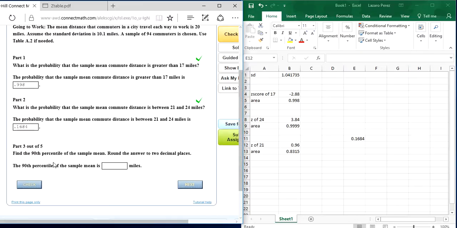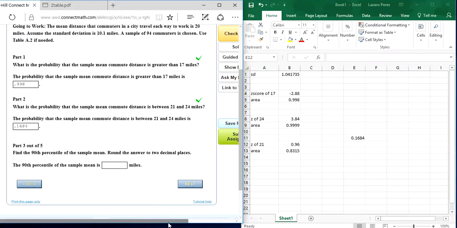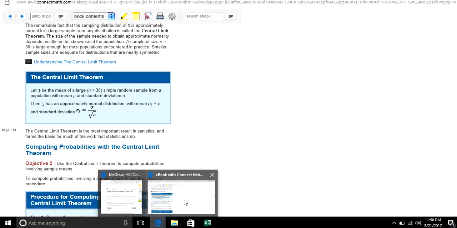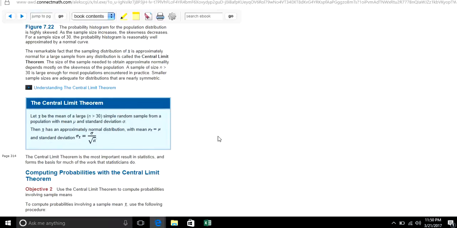Find the 90th percentile of the sample mean. So when they want to find the 90th percentile, that means they give us a percentile, but they want to find the x value.